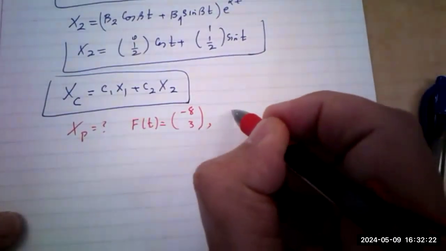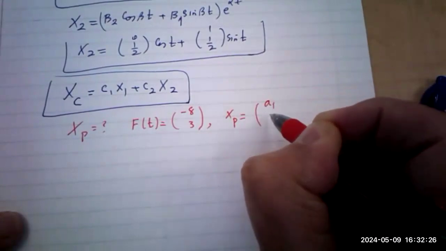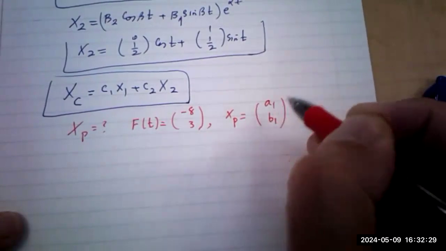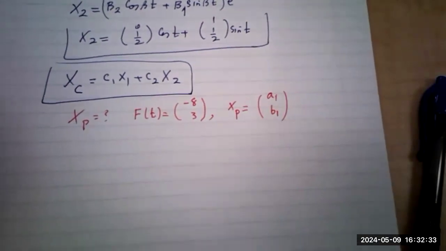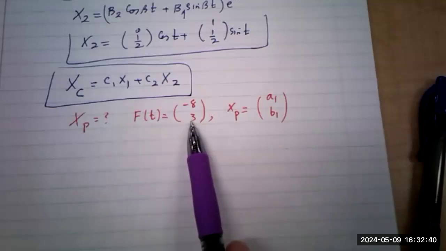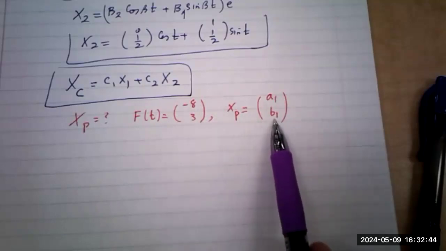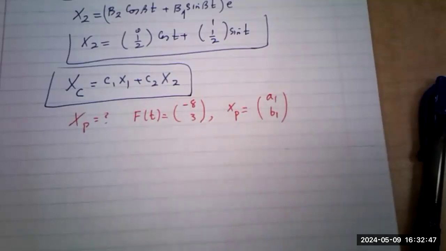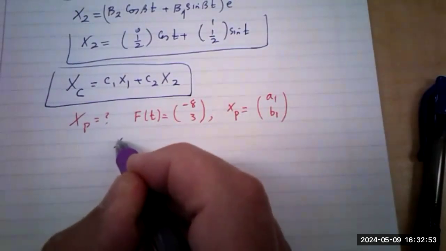So we suggest that xp is equal to a1 and b1. Use lowercase letters because we have a matrix A, and you don't want to be confused with a1 and a2, but you can use anything you like. It depends on what you have for the function. In this case, they are both constant, so you pick two constants, and then you have to find a1 and a2.